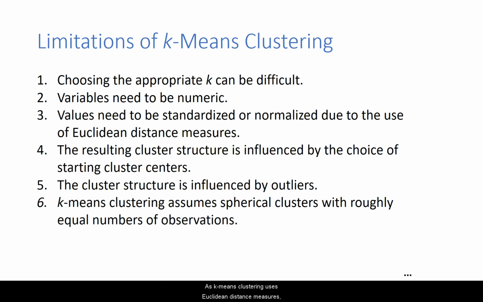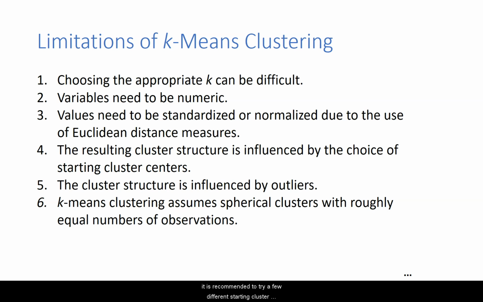As k-means clustering uses Euclidean distance measures, standardization or normalization is needed to remove the impact of the measurement scales. In k-means clustering, the resulting cluster structure may be influenced by the choice of the starting cluster centers.